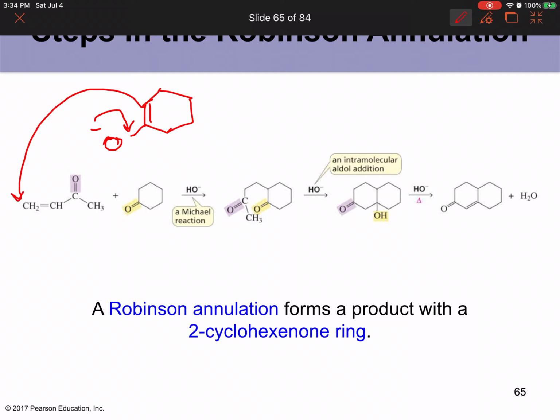The enolate is adding onto the alpha beta unsaturated carbonyl compound. We learned this reaction. This is the Michael addition. Okay, so this will give you a product like this.